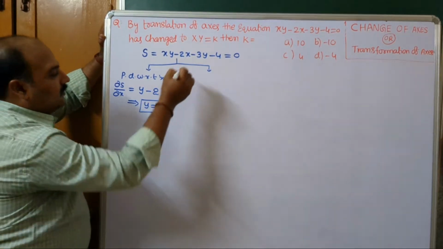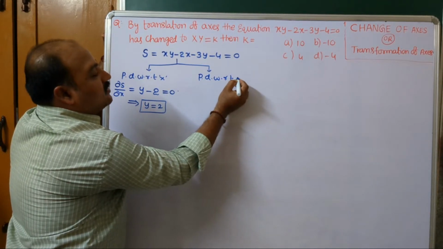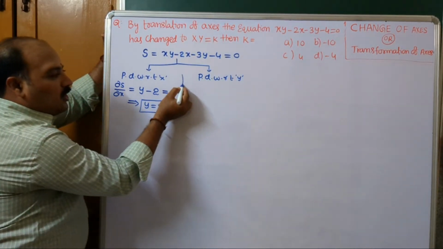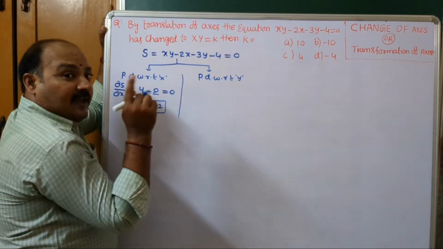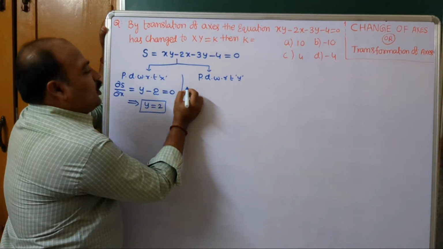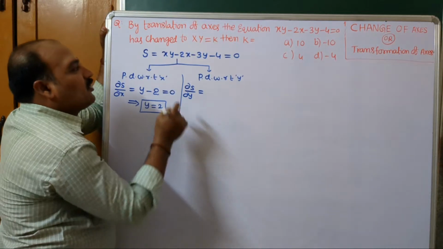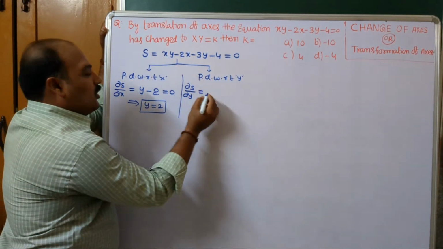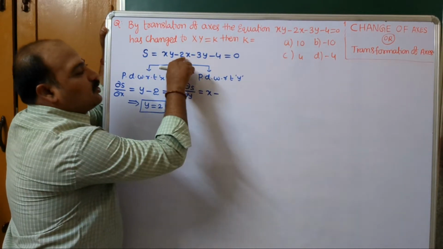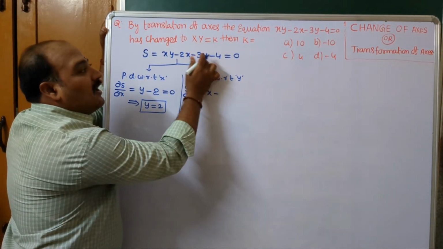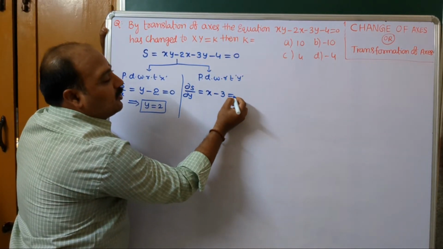Similarly, partially differentiate with respect to y. Whenever you partially differentiate with respect to y, we treat x as a constant. So dou S by dou y is equal to x minus 3. The derivative of xy is x, minus 2x derivative goes to be 0, minus 3y derivative is minus 3, minus 4 constant derivative is 0.